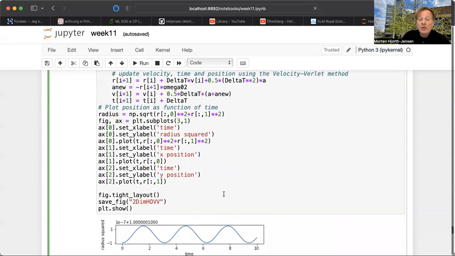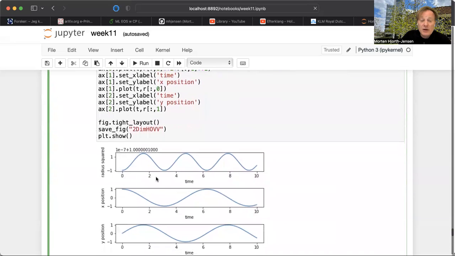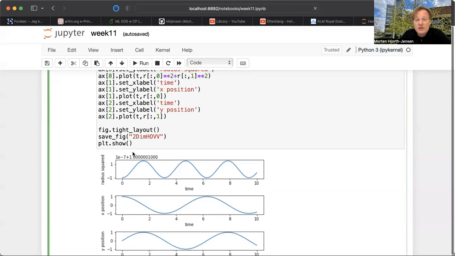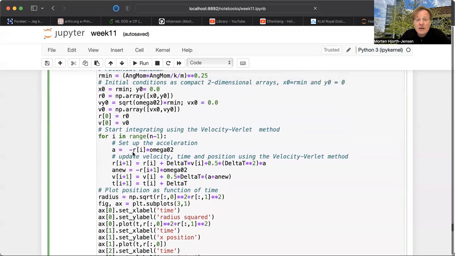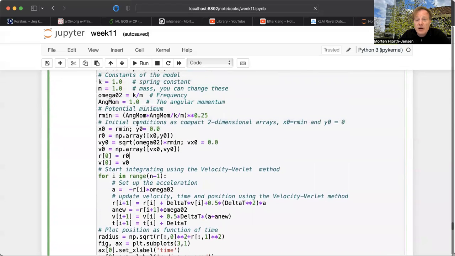And then when we make the plot here, you will see that my radius squared oscillates around 1 basically, and it takes values with an error which you can see here, which is 10 to the minus 7 plus 1. So my original radius, the way I set it up, if we go back to the R min here, I put angular momentum equal to 1, k equal to 1, m equal to 1.